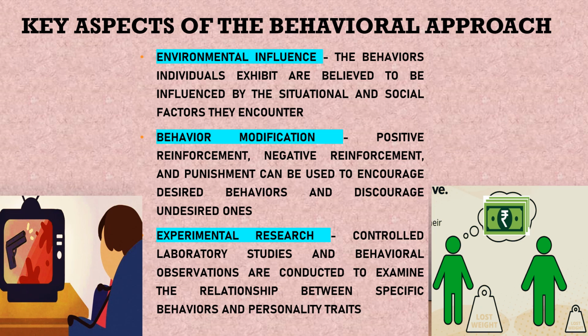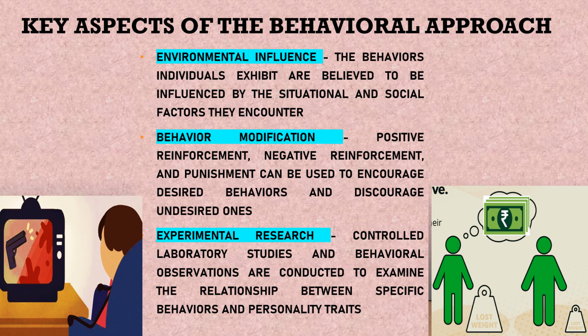Then, behavior modification. The behavioral approach can be applied to modify and change maladaptive behavior and personality traits. Techniques such as positive reinforcement, negative reinforcement, and punishment can be used to encourage desired behavior and discourage the undesired one.